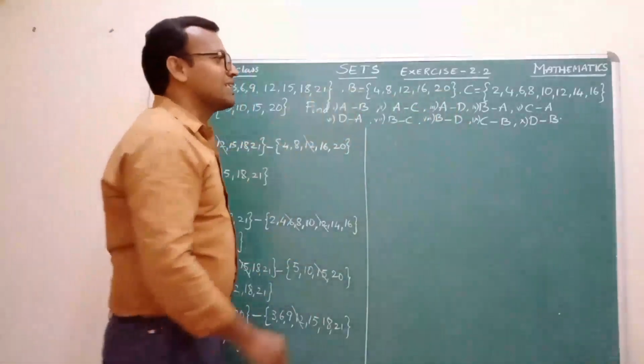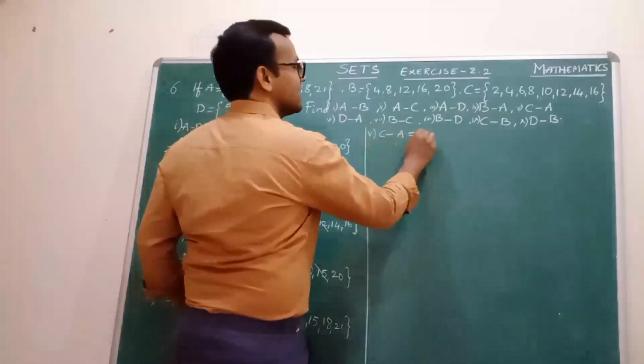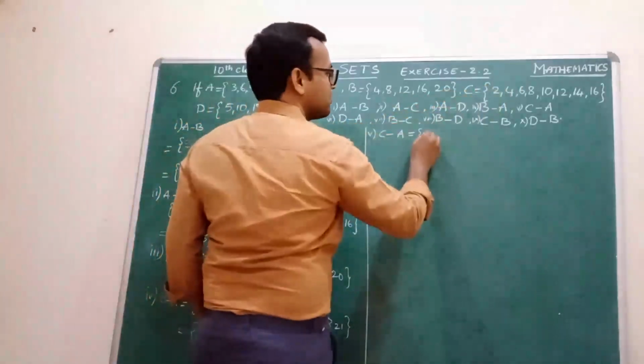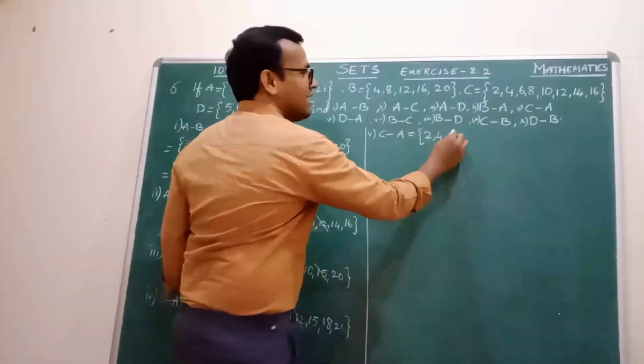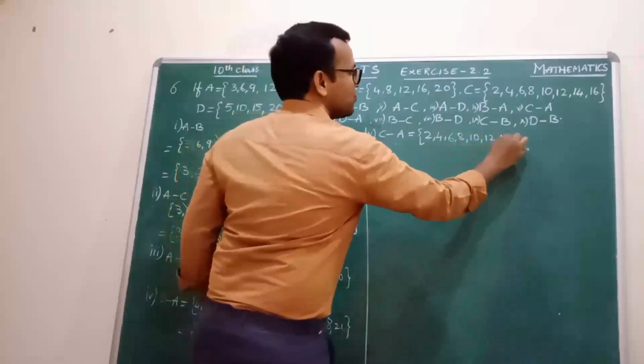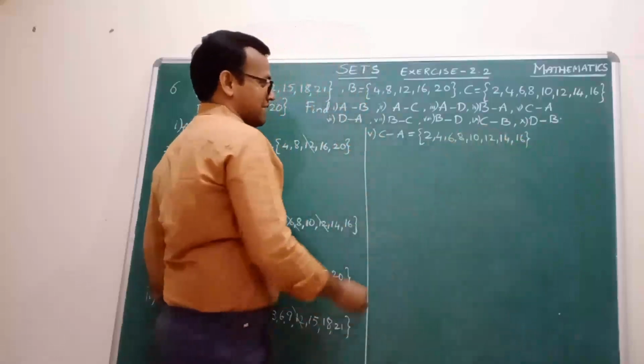Now the fifth one, C minus A is equal to, let me write set C. C is the set of 2, 4, 6, 8, 10, 12, 14, 16. So these are all multiples of 2, right?